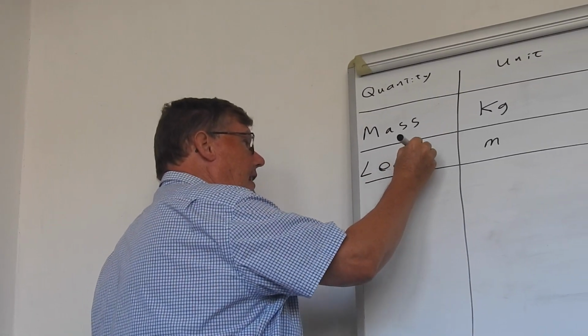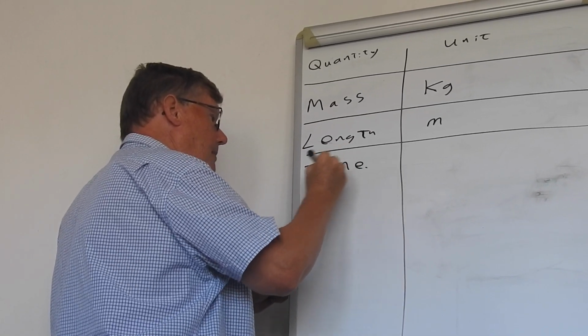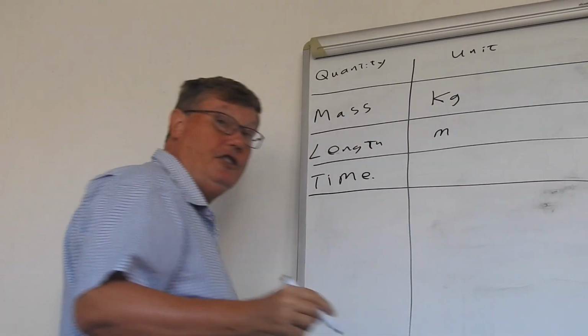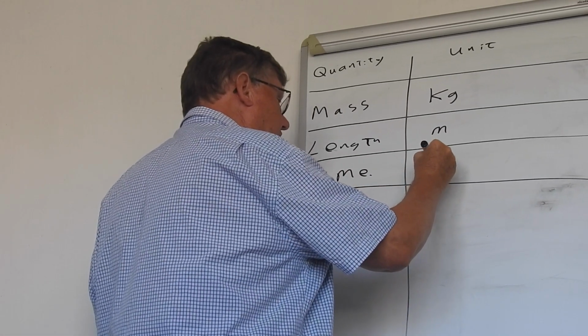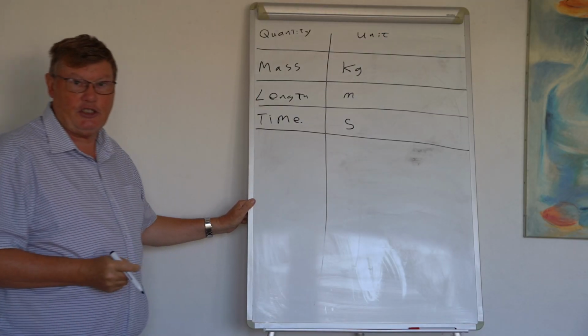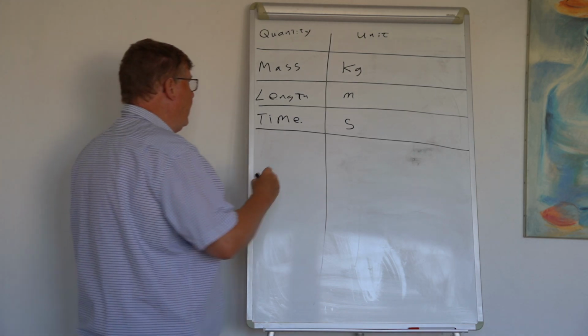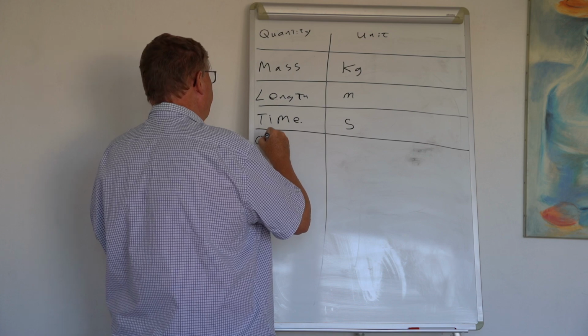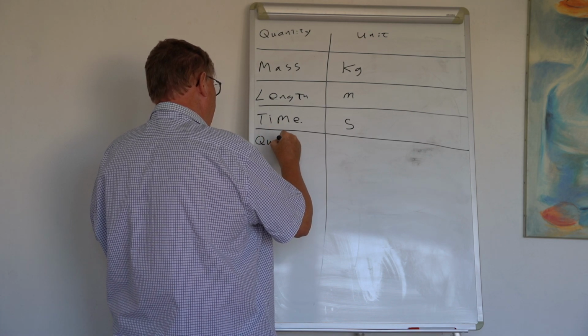So we have length and we have mass, and the third easy peasy one is time, and we will have lots of lessons on time coming up. And the unit of time, obviously, is the second. What else have we got? Well, there's a quantity called the quantity of stuff, or the amount of stuff, which is really a bit weird.